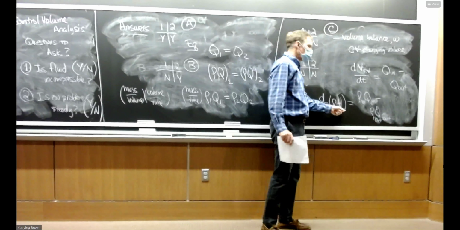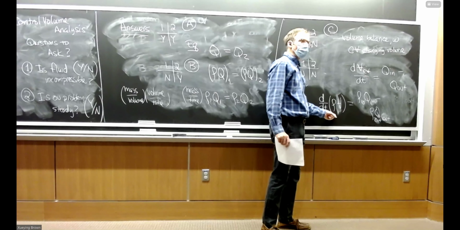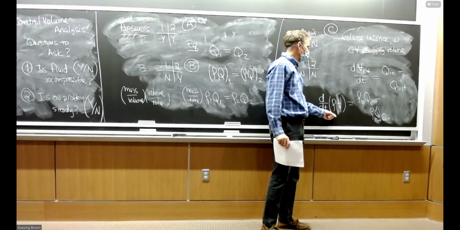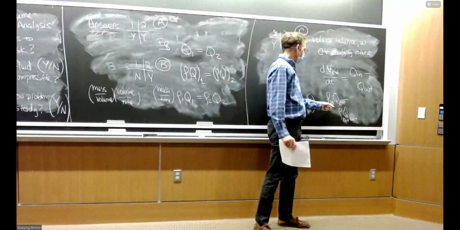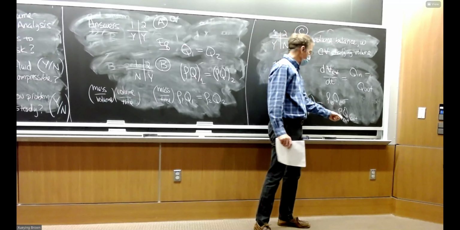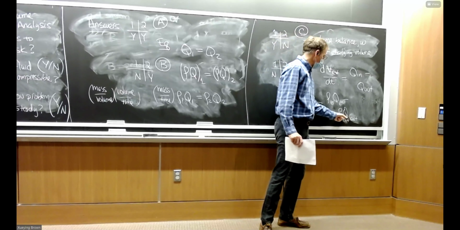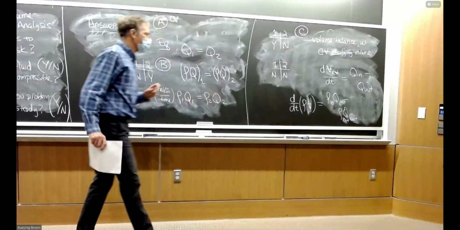There's the volume of our control volume and the density of whatever is in the control volume, and then the flow and density of the stuff coming in minus the flow and density of the stuff going out.